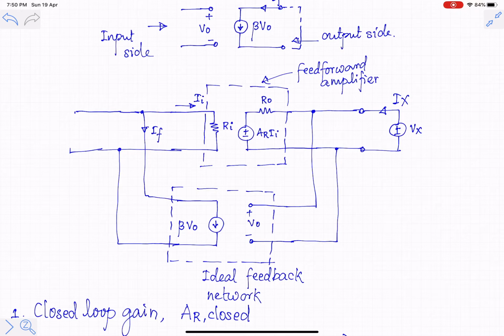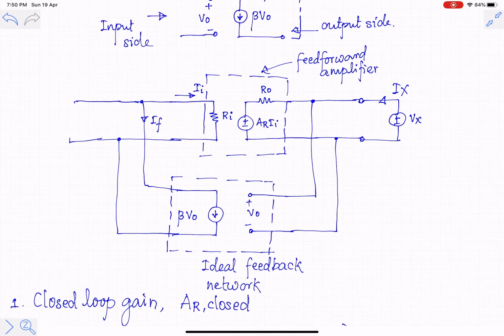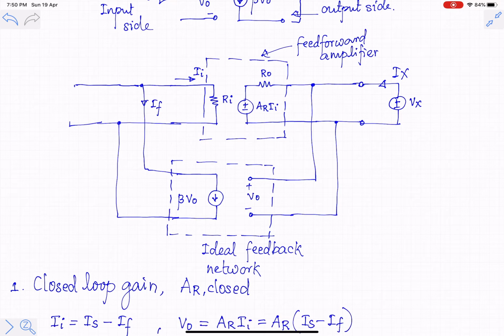If it is open circuited, we can see that Ii is equal to minus If, and in this case Vx divided by Ix will give us the output impedance.